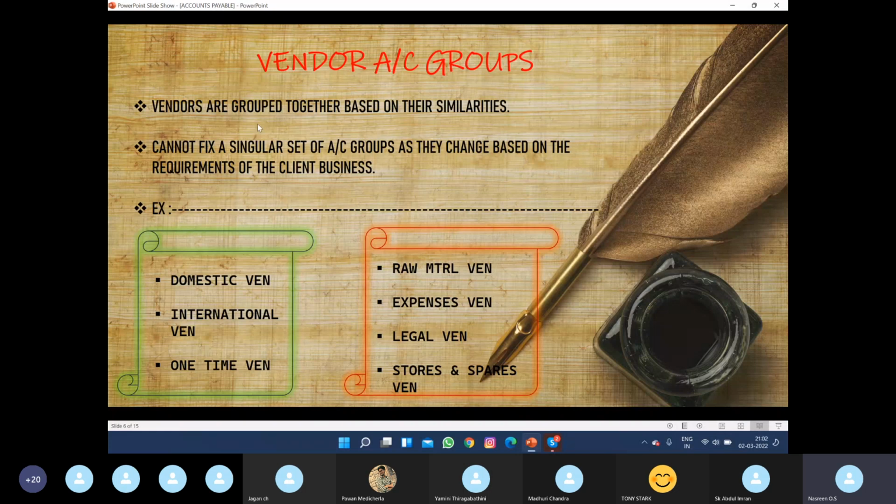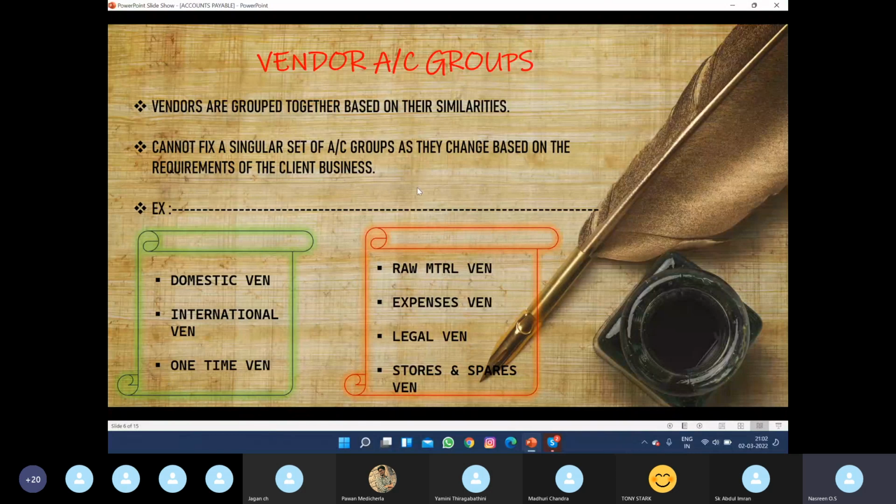So, vendors are grouped together based on their similarities. As I have stated earlier, they are grouped according to their similarities. Local vendors are referred to as domestic vendors. International vendors are referred to as international vendors. If we are going to transact a single time, they are referred to as one-time vendors.